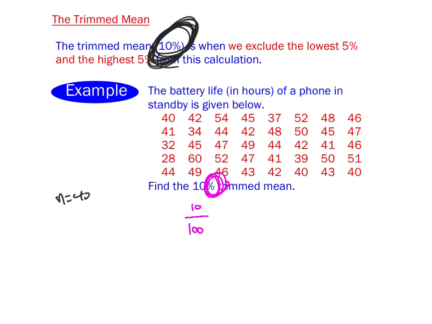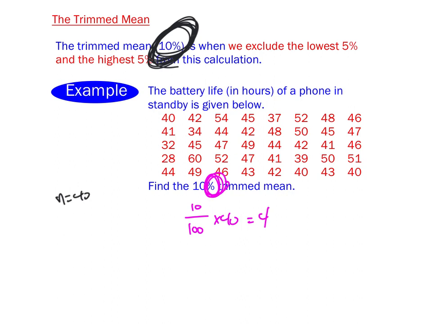So take 10 out of 100 and multiply it by 40, and you're going to get 4. That means we're going to be getting rid of 4 numbers. Half of those are on the high end, half on the low end. So we're going to get rid of the 2 lowest numbers and the 2 highest numbers.